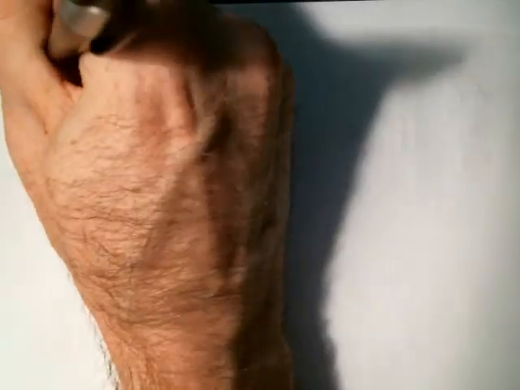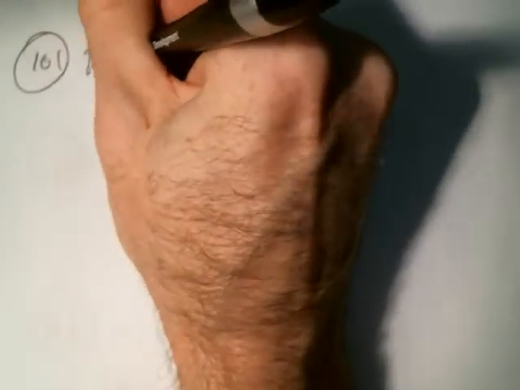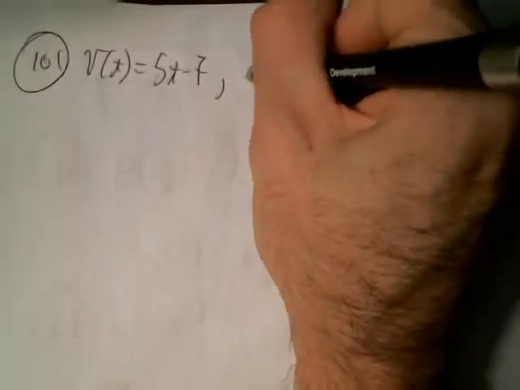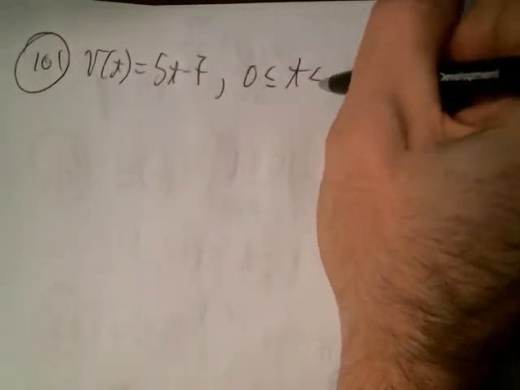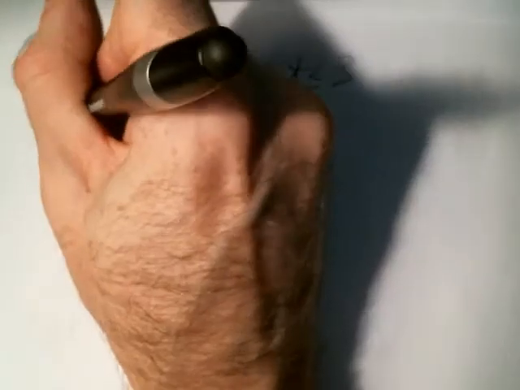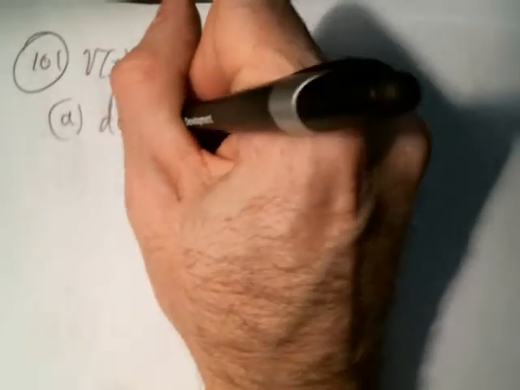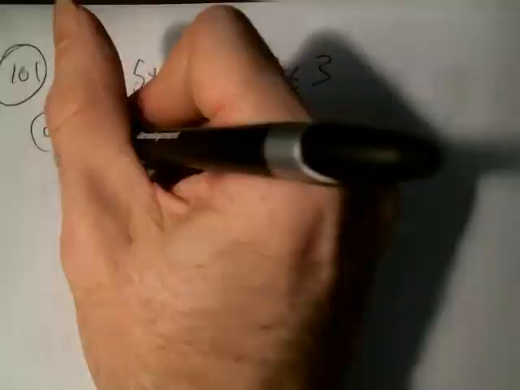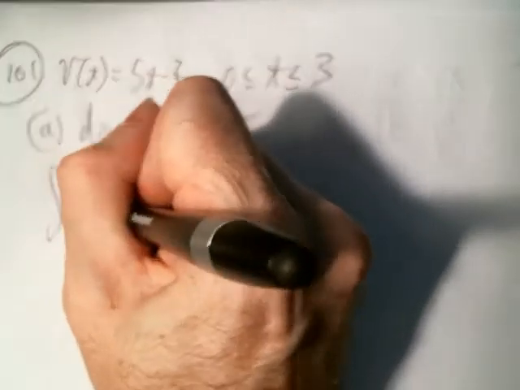So anyways, let's look at a problem in the book, and we'll call it quits. So number 101. I have v of t equaling 5t minus 7, and we're going from 0 to 3. Okay, so first thing I want to know is the displacement. That's the easier version of this problem. I just need to do the integral of 5t minus 7 from 0 to 3.